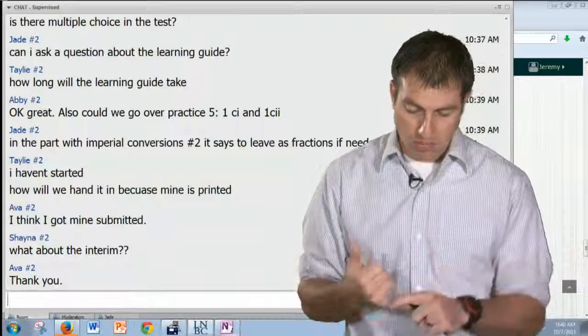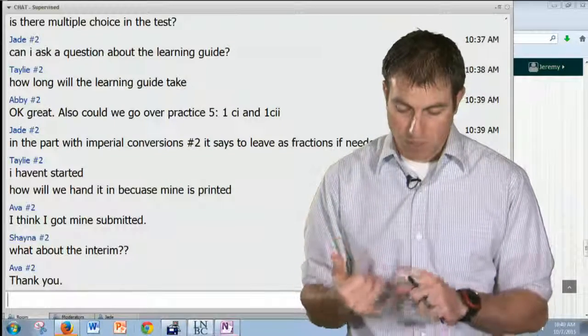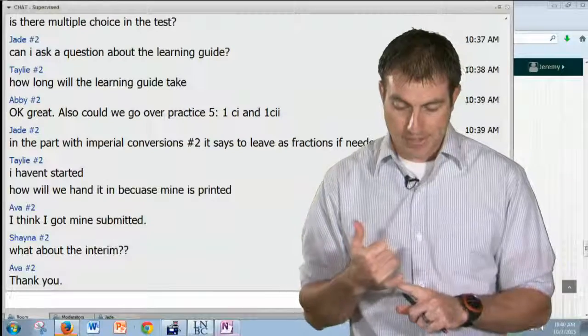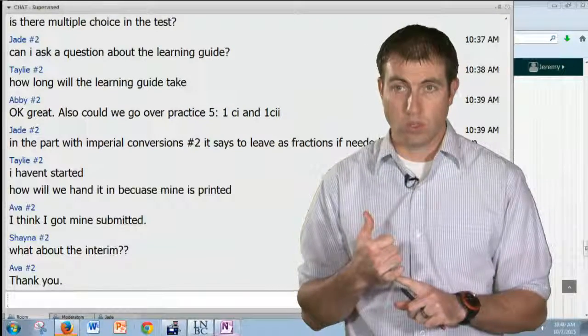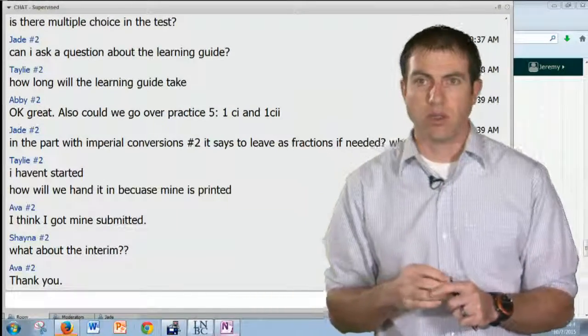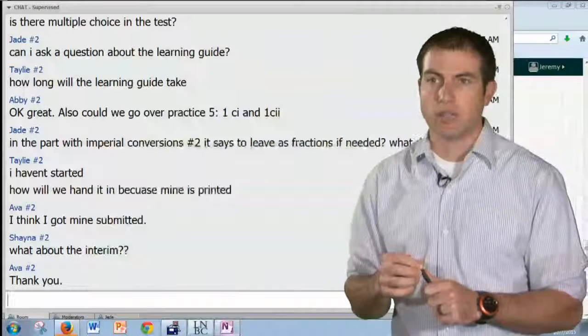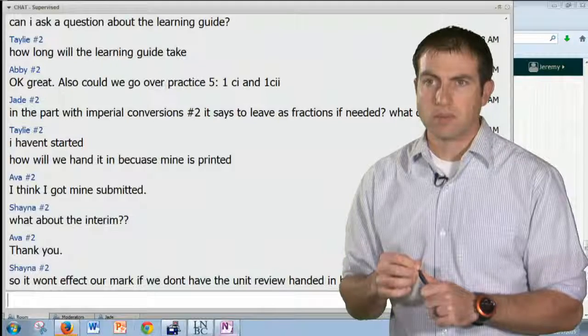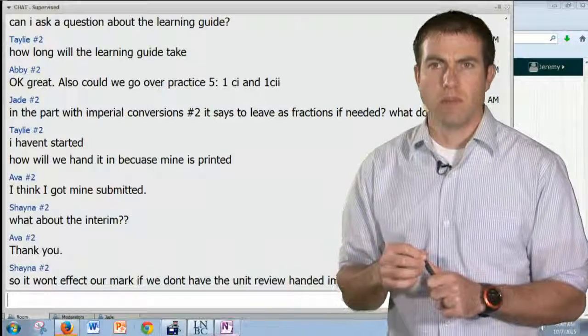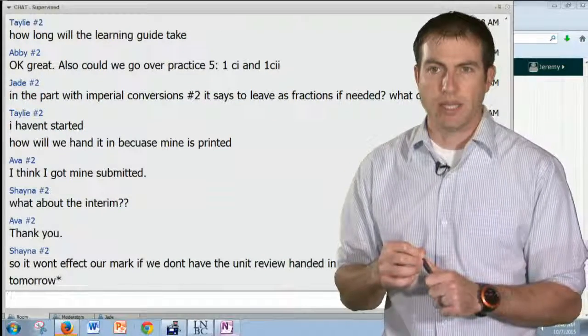Abby has some questions about practice 5, 1, CI, and CII, so I can get to those. Jade had a question about the imperial conversions, number 2, leave as fractions if needed. I'm not familiar with that. I'd have to go look at it.